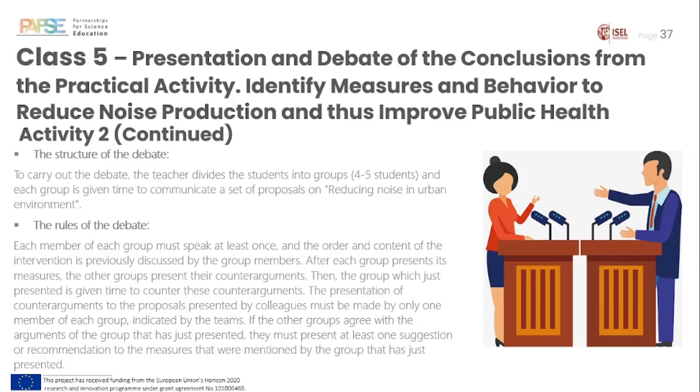Then, the group which just presented is given a time to counter these counter arguments. The presentation of counter arguments to the proposals presented must be made by only one member of each group, indicated by the teams, and if the other groups agree with the arguments of the group that has just presented, they must present at least one suggestion or recommendation to the measures that were mentioned by the group that has just presented.